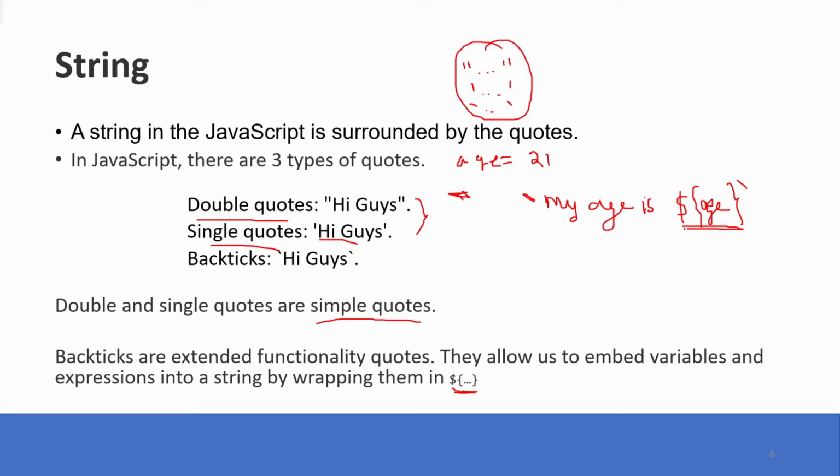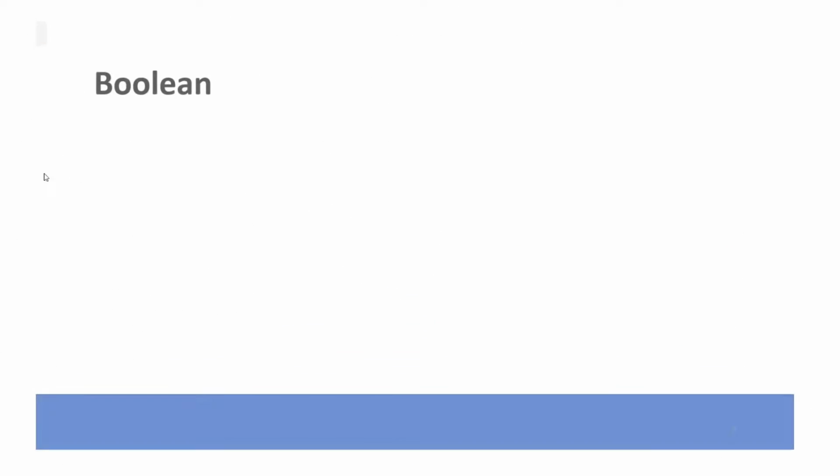This is evaluated by the JavaScript engine. Instead of this whole placeholder, the value 21 is replaced. So the string is my age is 21. So that is about the backticks. You can embed expressions and variables into the string. It's a newer version. Let's go forward.